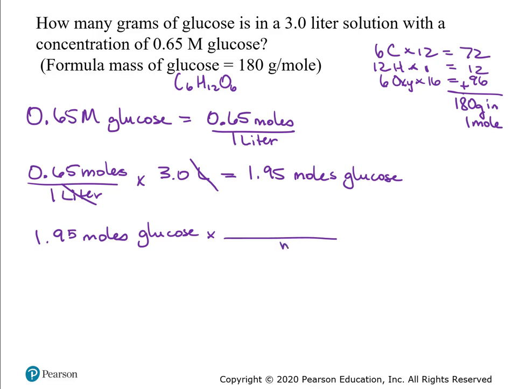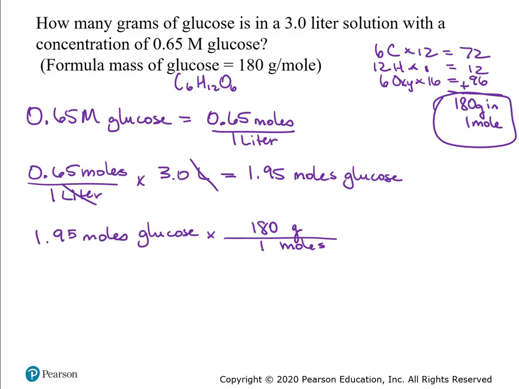Moles goes on the bottom because whatever you're given, that's what goes on the bottom. And then we said grams goes on the top. There is 180 grams in 1 mole. So that's just the formula mass.